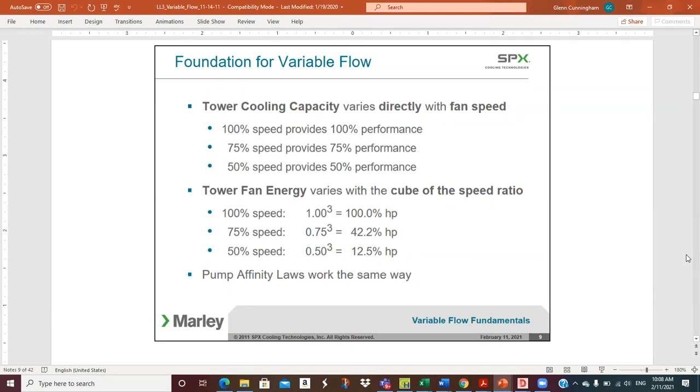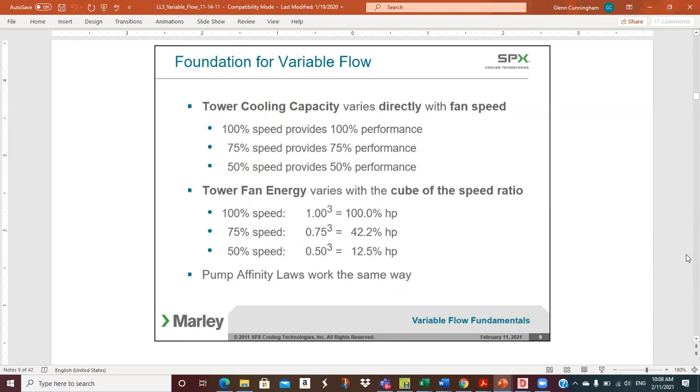So tower fan energy varies with the cube of the speed ratio. The cube. Well, at 100%, that ratio is 1. 1 cubed is 1, so if you're running 100%, you're going to pull your 100% full load power. That's pretty simple. But at 75%, you take 0.75 and put it in your calculator and cube it.